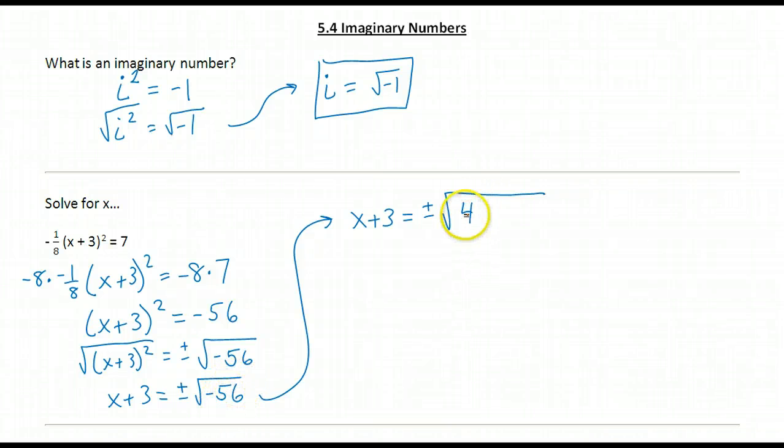And 56 is 4 times 14. Now I need to compensate for the fact that this is -56 by multiplying by -1. So really what I did is rewrite -56 as 4 times 14 times -1. The reason I do that is so that I can distribute that square root to each number.